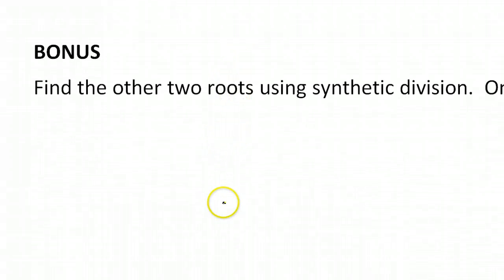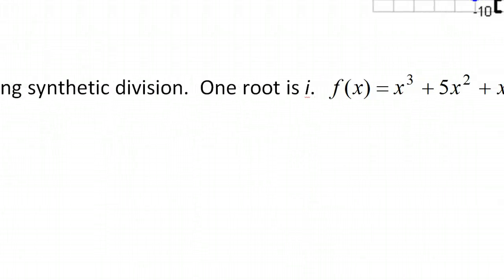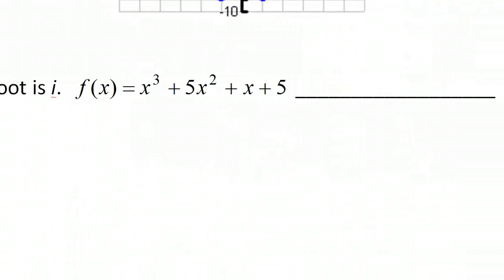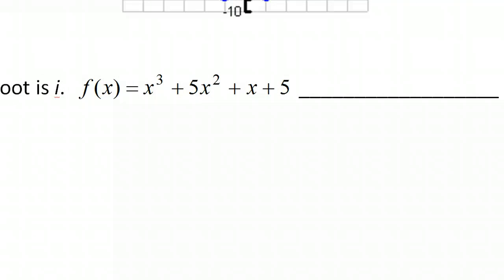The bonus. Find the other two roots using synthetic division. One root is i. We're supposed to find the other two roots. Well, let's talk about the possible rational roots.